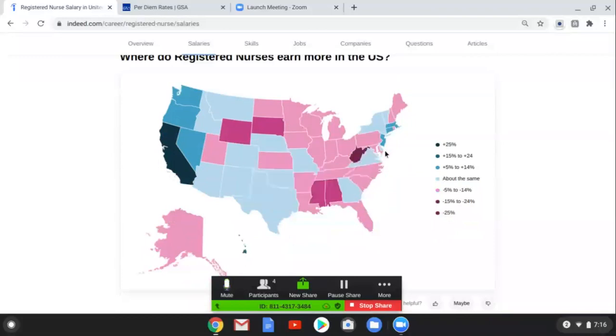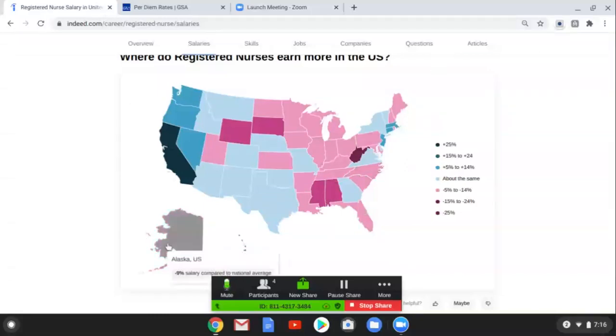I haven't done too much work in West Virginia, but this Southeast corridor is a little bit less. And then Texas, New Mexico kind of fits in the middle. And then of course, California, Nevada, Oregon and Washington are a little bit higher. And then these are your middle states where it's somewhere in the middle as well. So that's a good thing to know.